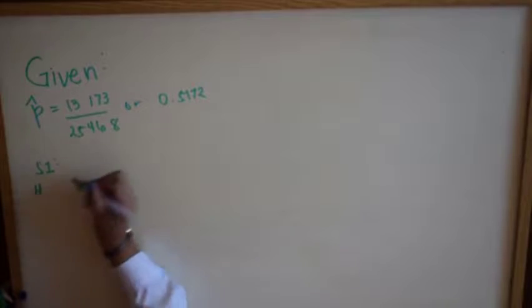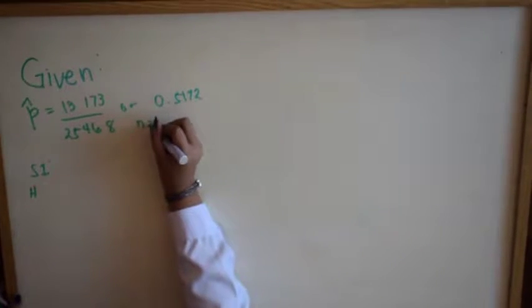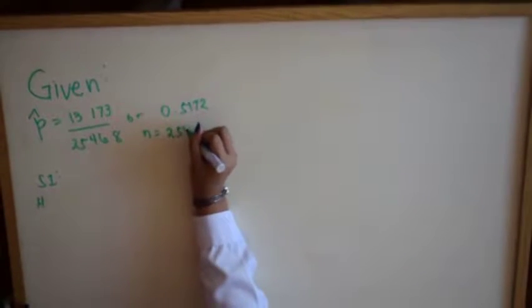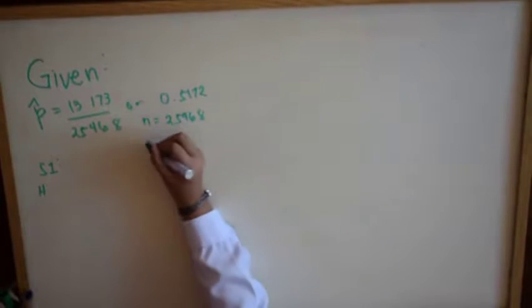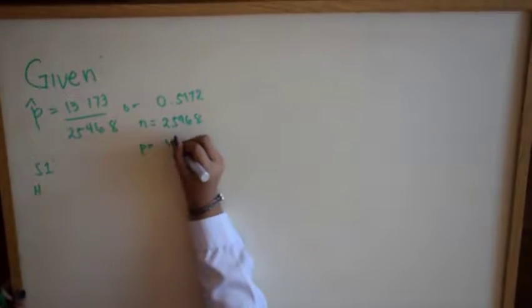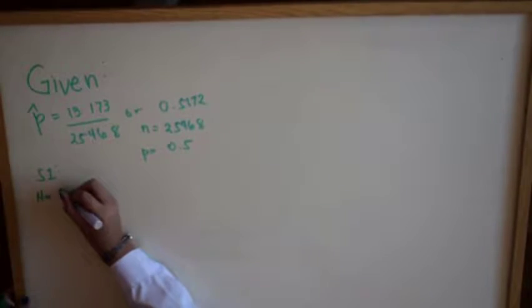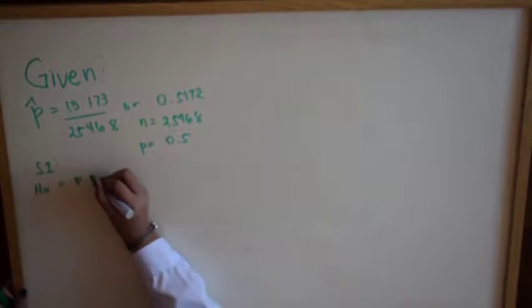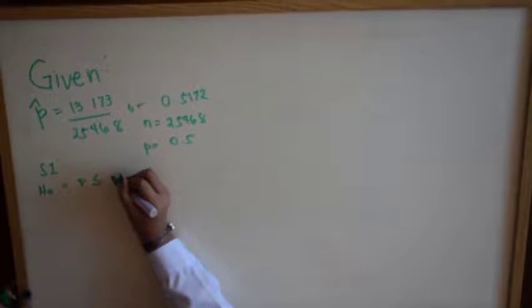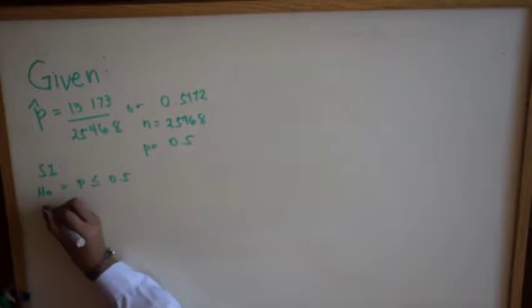For our step 1, we have to get the H0, our null hypothesis, and HA, our alternative hypothesis. So for our H0, p is less than or equal to 0.5, while for HA, p is greater than 0.5.